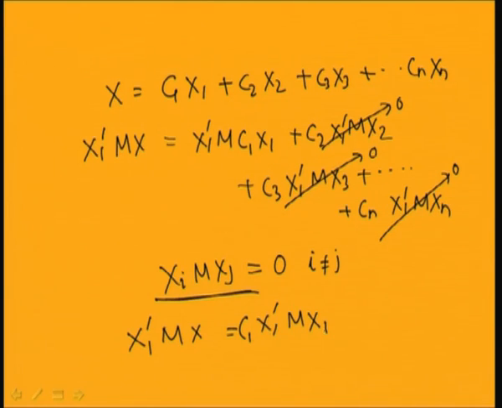As C1 needs to be equal to 0 to find the higher modes, putting C1 equal to 0, the left hand side should be equal to 0. That means x1 dash m x will be equal to 0.